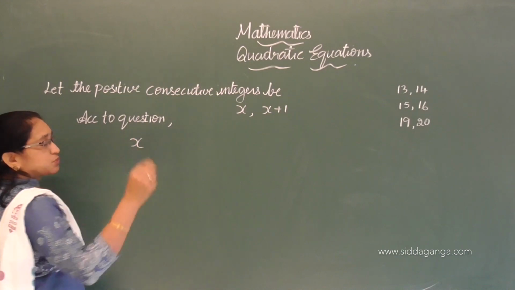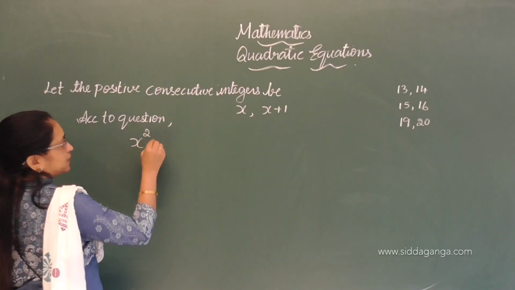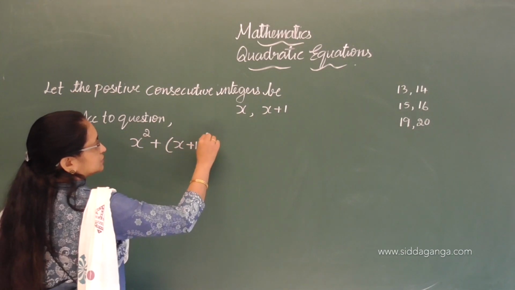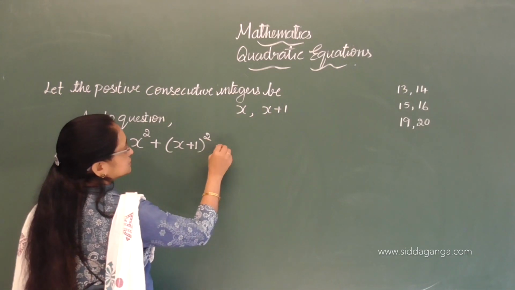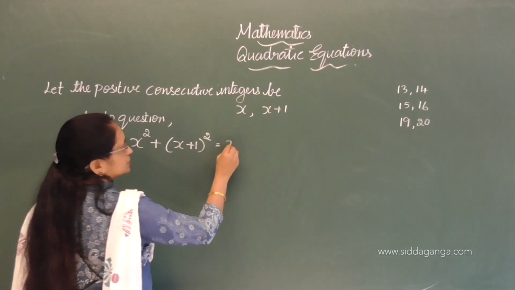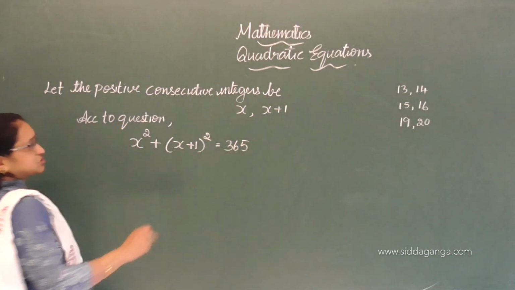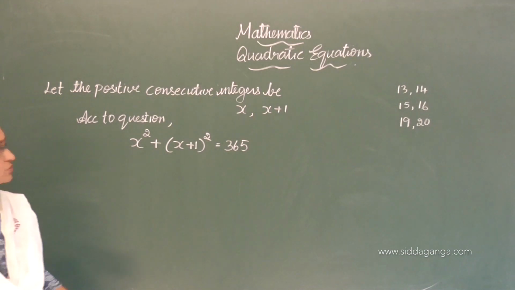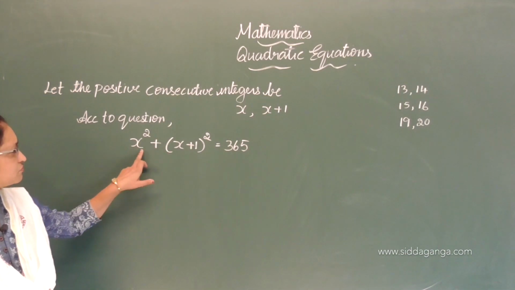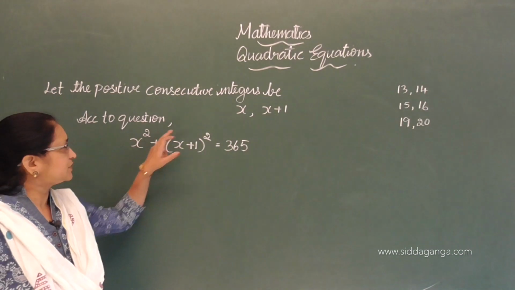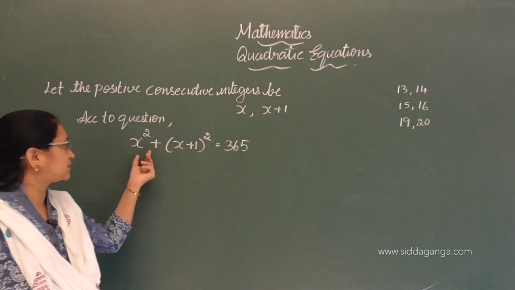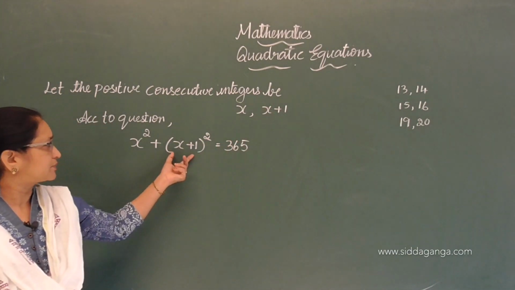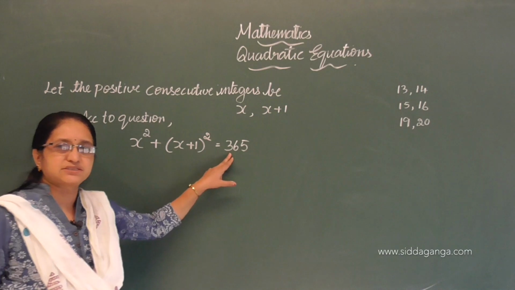Sum of the squares of the consecutive integers: x square plus x plus 1 whole square will be equal to 365. According to the question, this is the condition. I hope you understood this. When you square this, you will get x square, and we have to expand x plus 1 whole square.